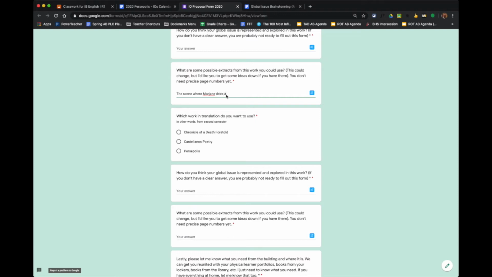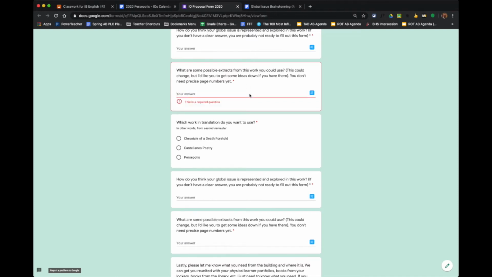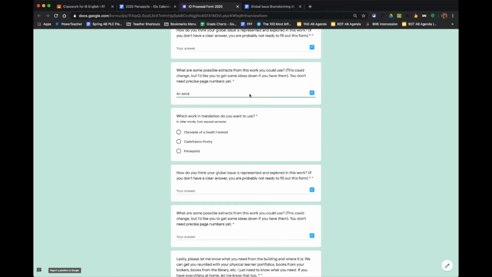So it could be a specific action, and you'd be writing whatever that specific action was, or possibly an extract where Márquez's use of journalism is on display, such as when X, right?